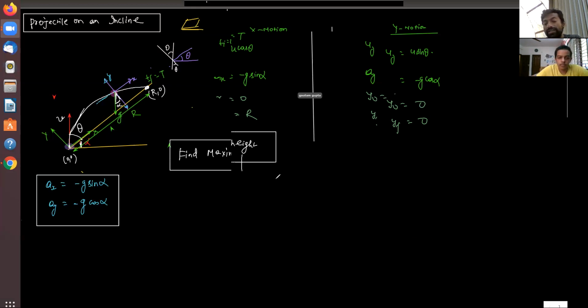Even if they do not mention it, height is always with respect to the ground. If they mention it, then it is obvious.